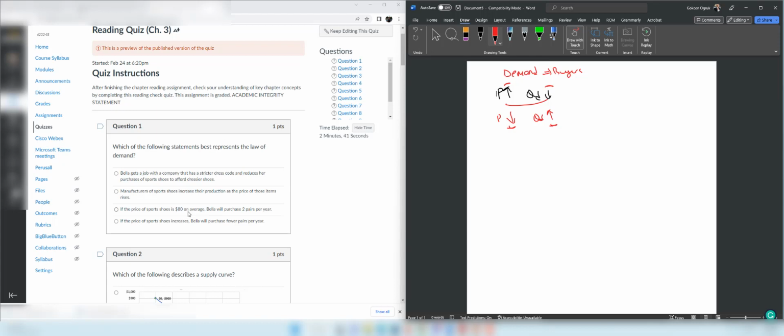If the price is $80, Bella purchased 2 pairs. But this still doesn't show the relation between price and quantity demanded. So let's read the last one. If the price of sports shoes increases, so it says that the prices are higher, then Bella will purchase less shoes, fewer pairs of shoes. Therefore, this represents the law of demand.